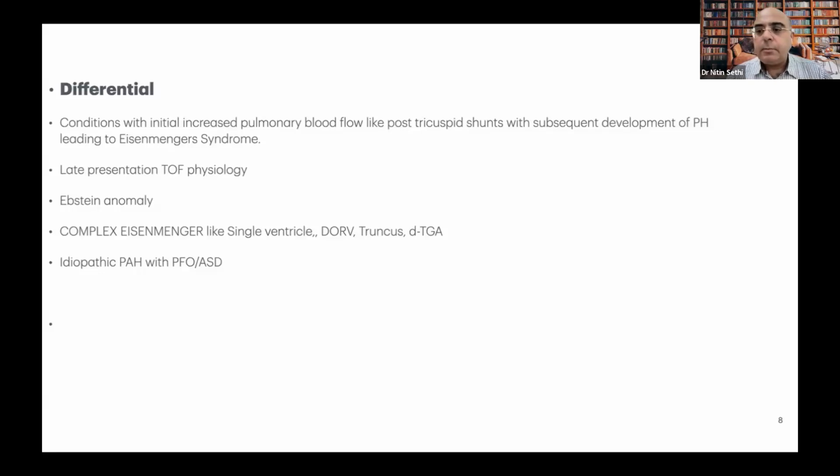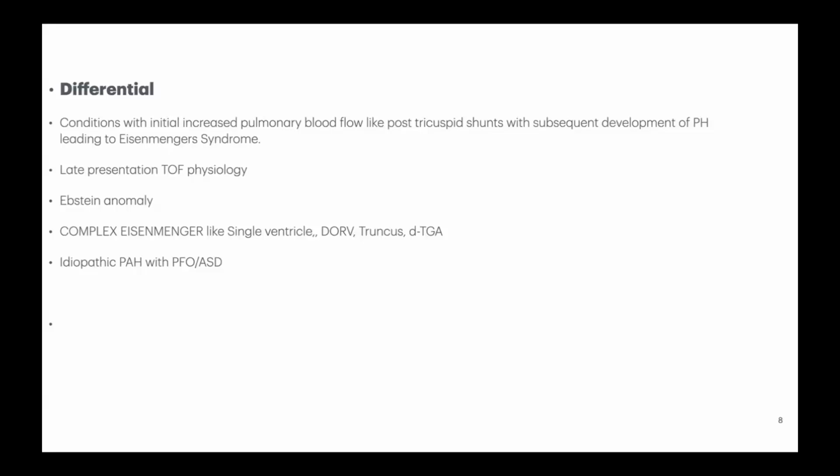So this is the primary reason that Epstein anomaly doesn't fit in this case, in my view. Right. Dr. Nitin, actually the five differential diagnoses you put have five different natural histories. The first one you described very well, that is a symptomatic patient becoming asymptomatic and then developing cyanosis. For the second one, you should probably change the name from late presentation of TOF physiology.